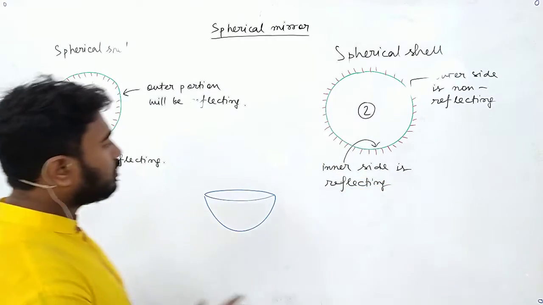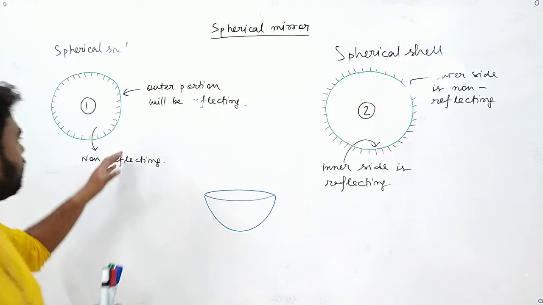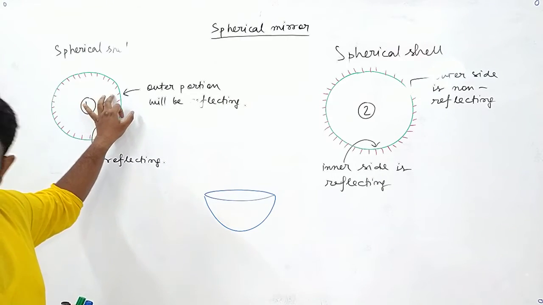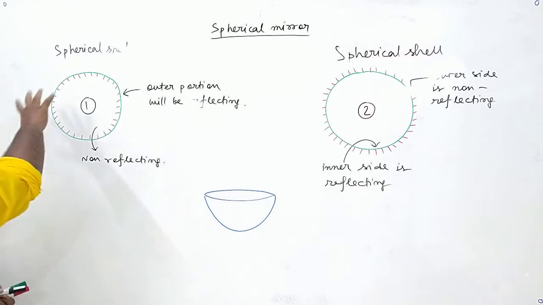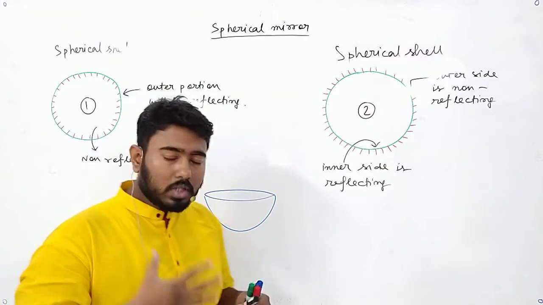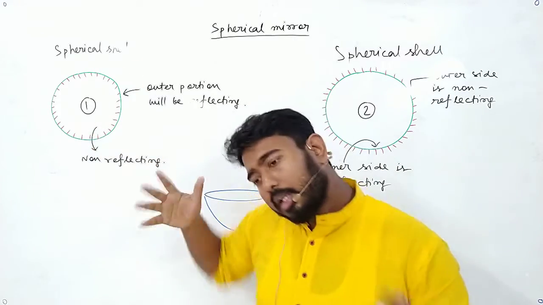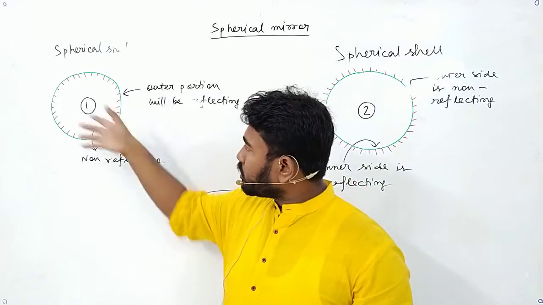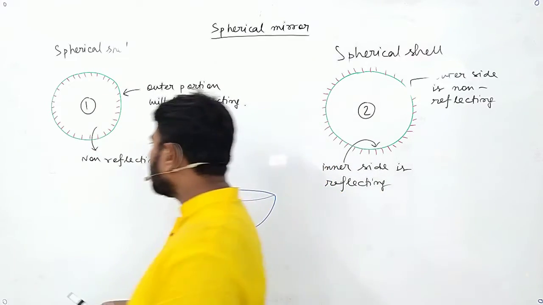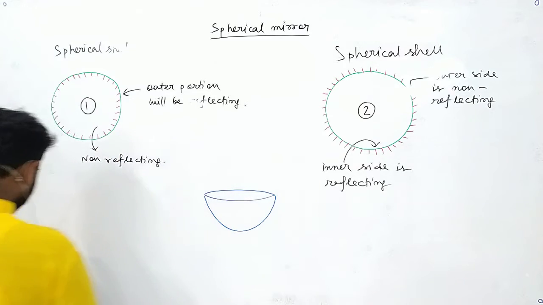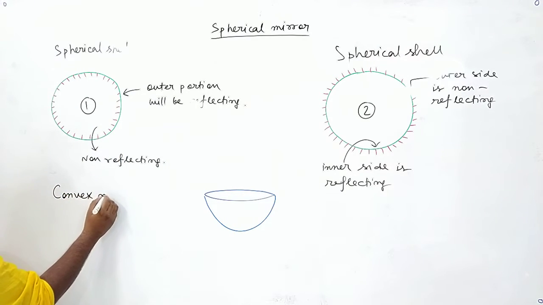Okay, now we got two kinds of mirror. In this mirror, the inner surface is non-reflecting, the outer surface is reflecting. Now if I cut a portion out of this spherical shell, then I'll get a mirror. The mirror that I'll be getting from this kind of spherical shell is known as a convex mirror.